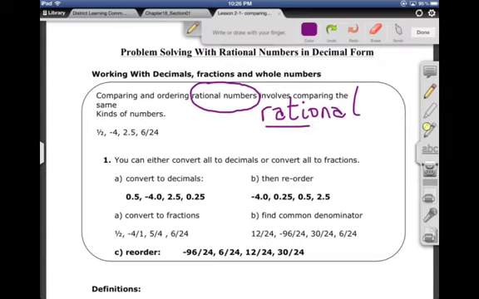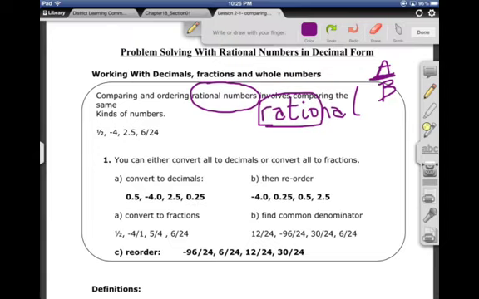So first of all, think about what a ratio is. A ratio, more or less, is just a fraction. And fractions can be written with the numerator, I'll let that be represented by A, over top of a denominator, which we can represent by the letter B. So if we're going to compare rational numbers, we're just more or less looking at the size of fractions.